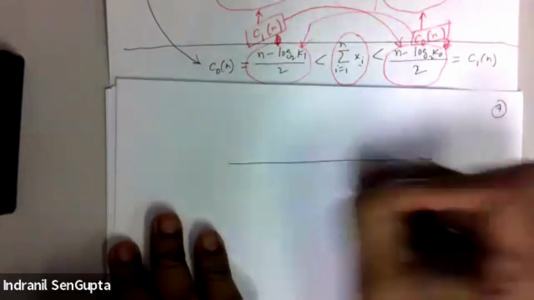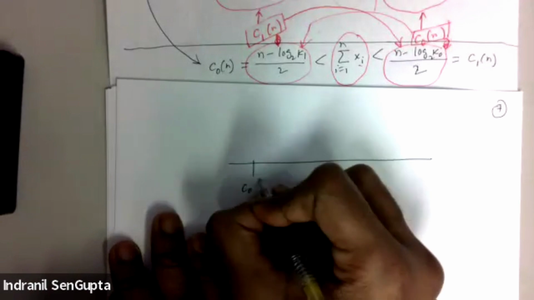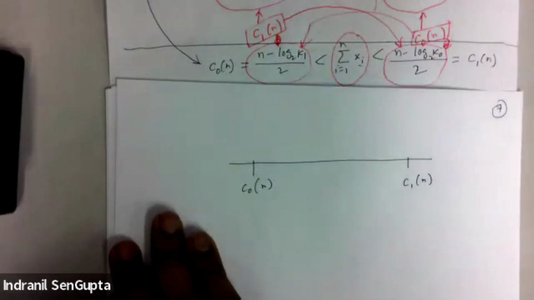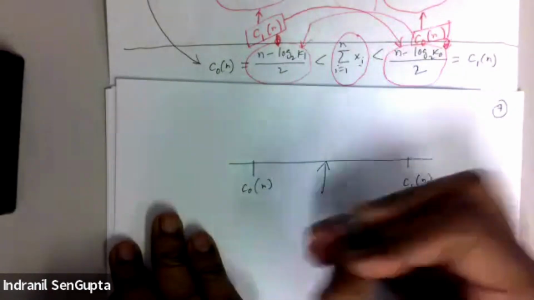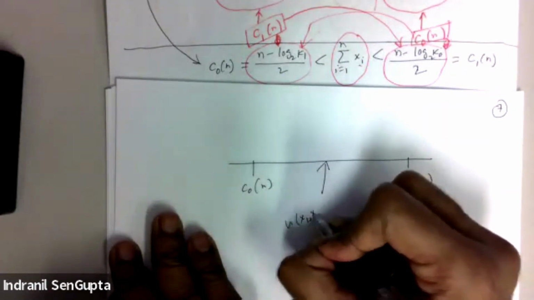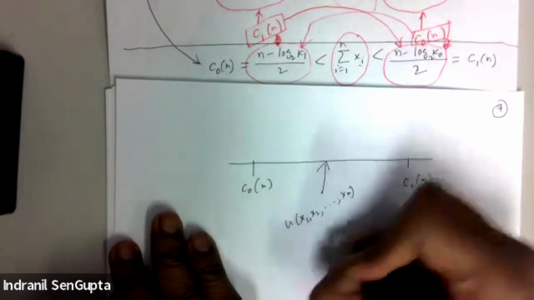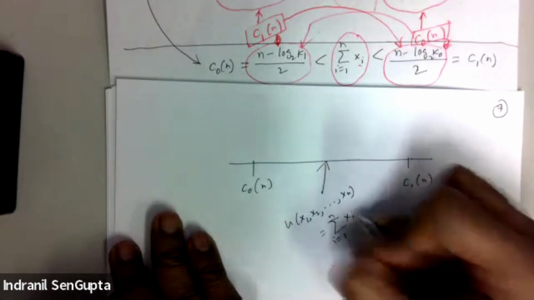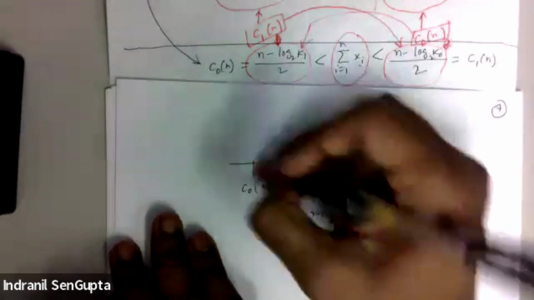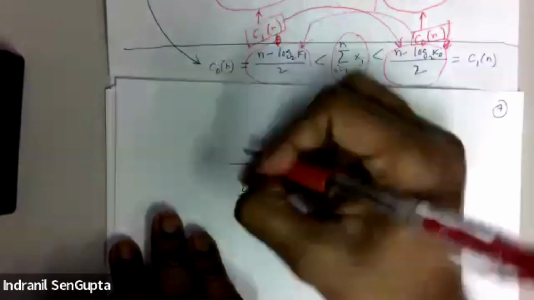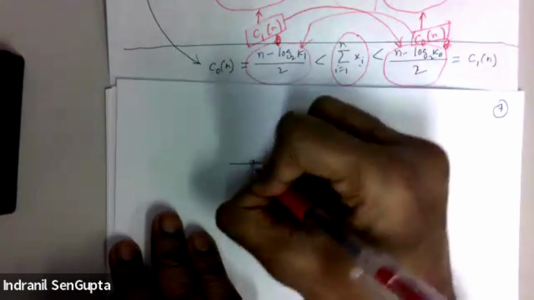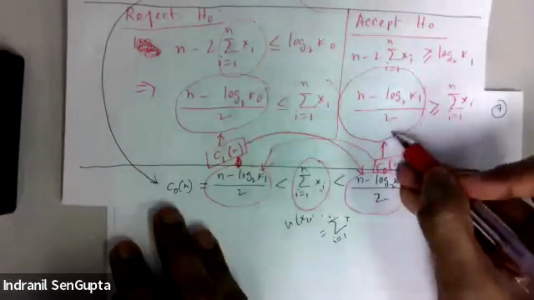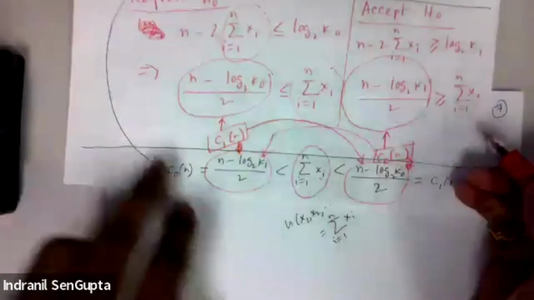Okay. All right. So here, if I draw a picture, it will be something like this one. My C0n is here, my C1n is here, and this is the function u of x1, x2, ..., xn, the statistic, which is the sum from i=1 to n of xi. What happens when this quantity goes to this one, the C01?